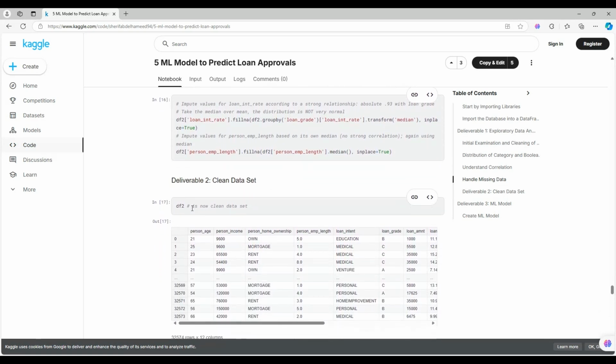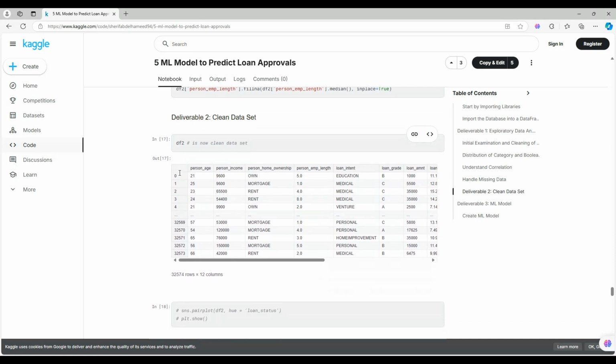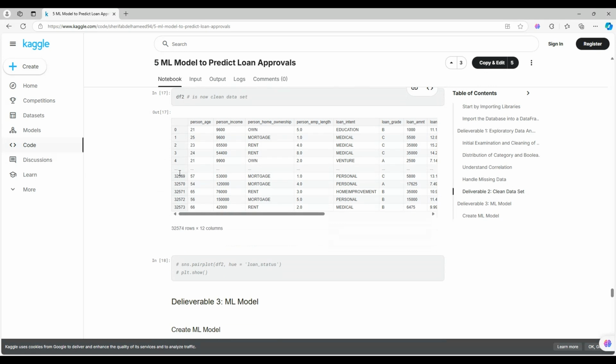And now we have our clean data set, basically. We've addressed the implausible values, we've conserved the outliers within logical means, we've addressed correlation and imputed the missing values. We have a good data set now.